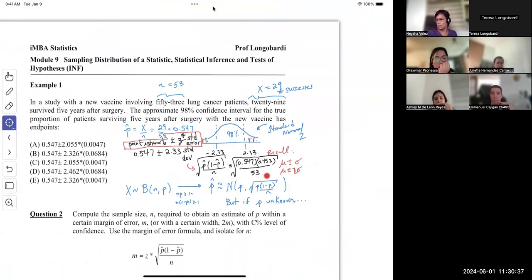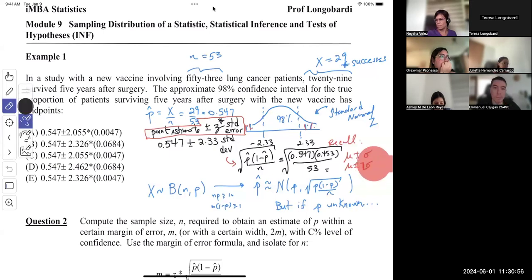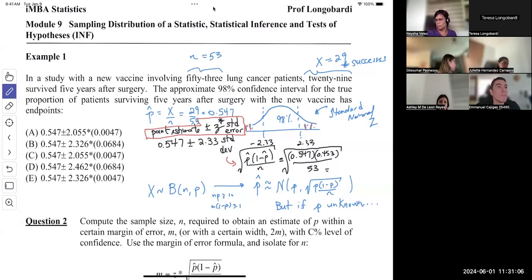All right, so you ended up getting 0.0684.